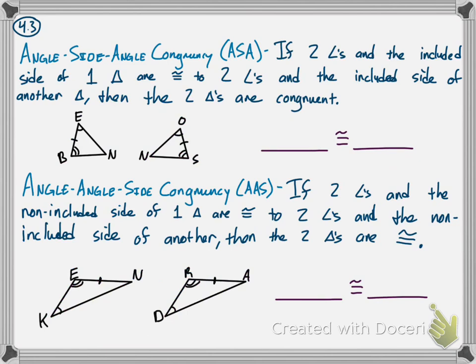All right, our next two shortcuts. Our first is angle side angle congruency. And it says if 2 angles and the included side, so now we're looking at included side instead of angle, if 2 angles and the included side of one triangle are congruent to 2 angles and the included side of another triangle, then the 2 triangles are congruent.